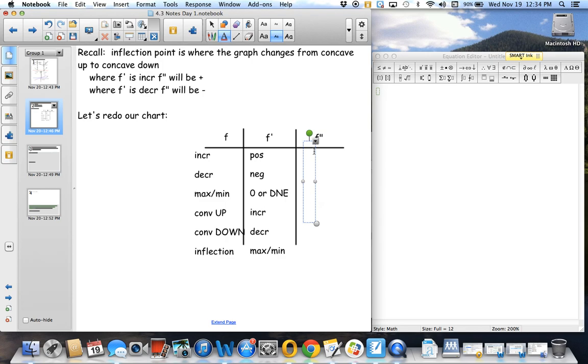Where the first graph was concave up, which means our first derivative was increasing, our second derivative is going to be positive. Where our first derivative was decreasing, we're negative, and then we have 0. Let me line this up so you can take a look at it total here. All right. So we've expanded our t-chart a little bit. So take a look at it. Pause here and make sure everybody gets that copied down.